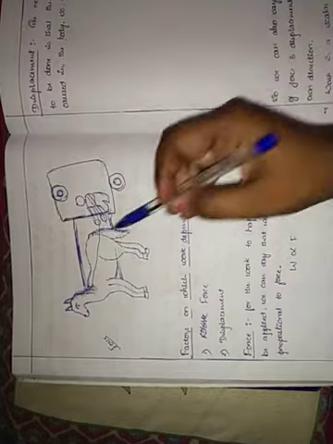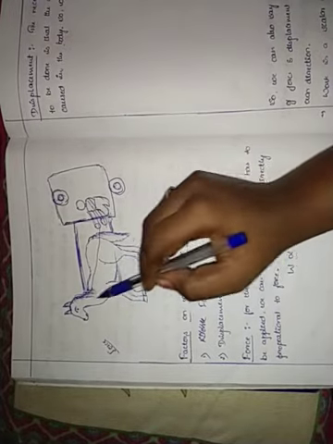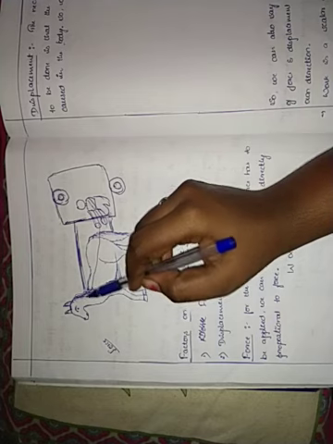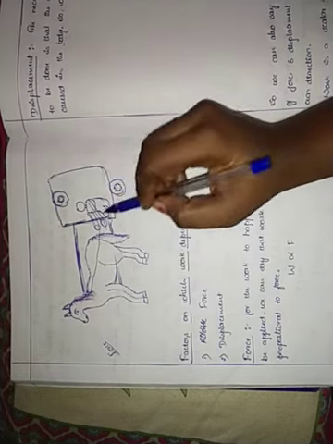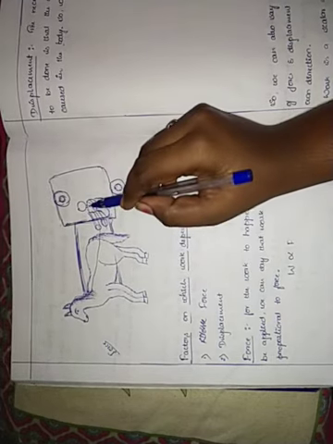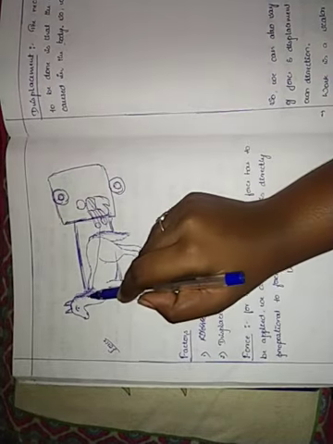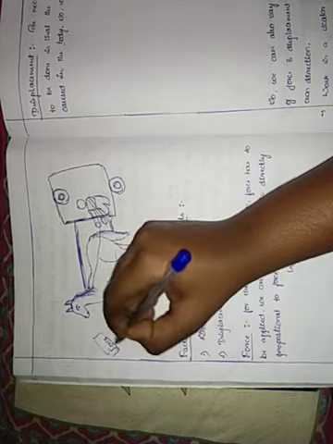The person on the cart cannot move unless the horse applies force to pull the cart. To move this person forward or backwards, this horse has to apply some force.